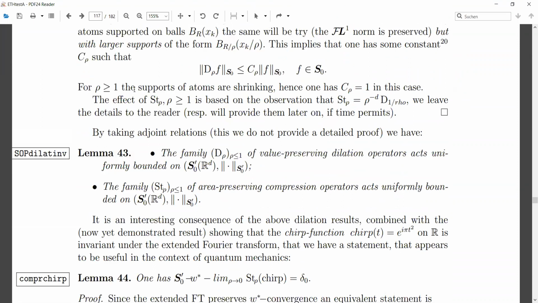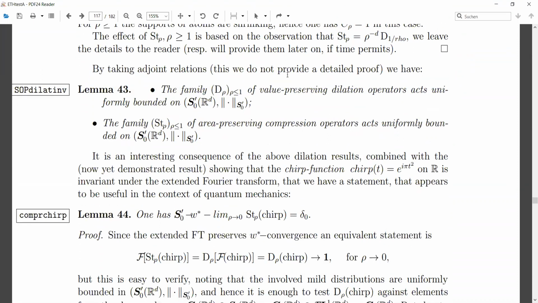Now, we also have mentioned that the adjoint operators are exactly switching the role of D rho and S0. So it means, maybe we go to the second point, these compression operators, so the area preserving operators, then they act uniformly bounded on S0 prime.